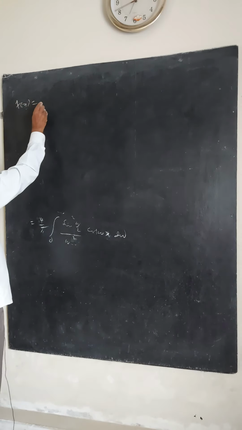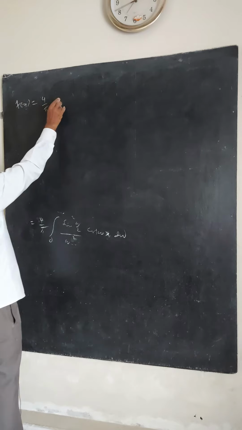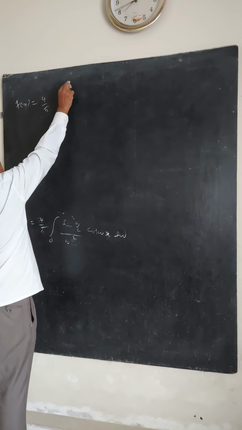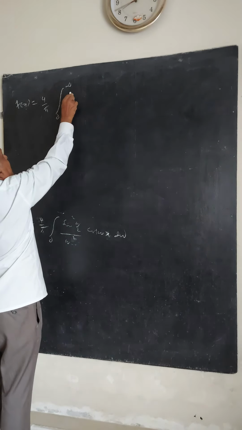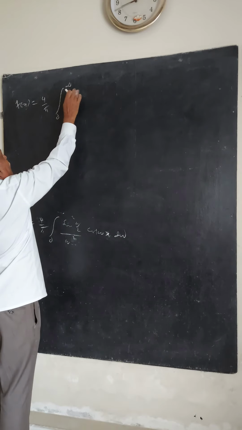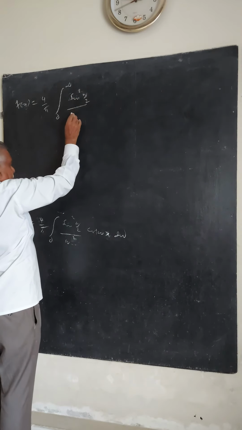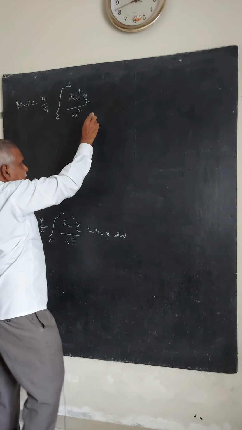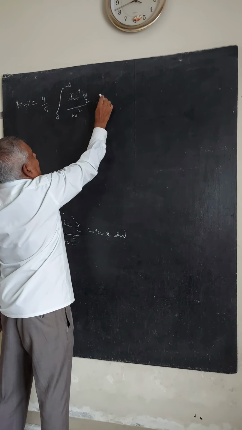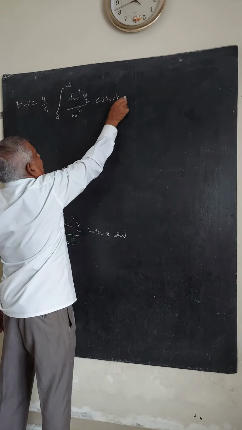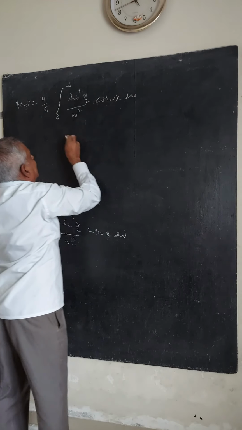f of x equal to 4 by pi, 0 to infinity, sin square omega by 2 by omega square, cos omega x d omega.